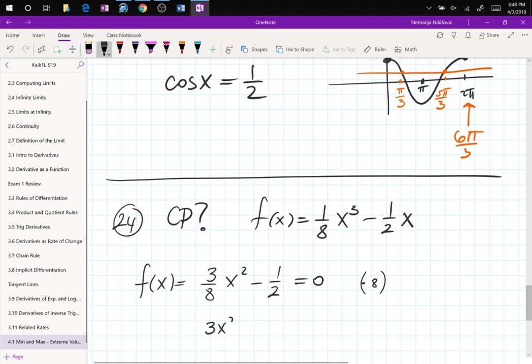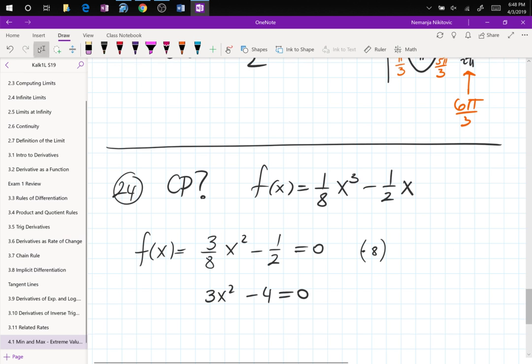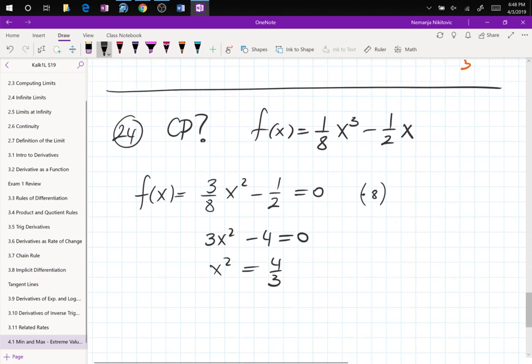We have 3x squared minus 4 equal to 0. And then x squared is equal to 4/3. Take the square root of both sides. X equal to plus minus 2√3/3. When you rationalize, I skip 7 steps.